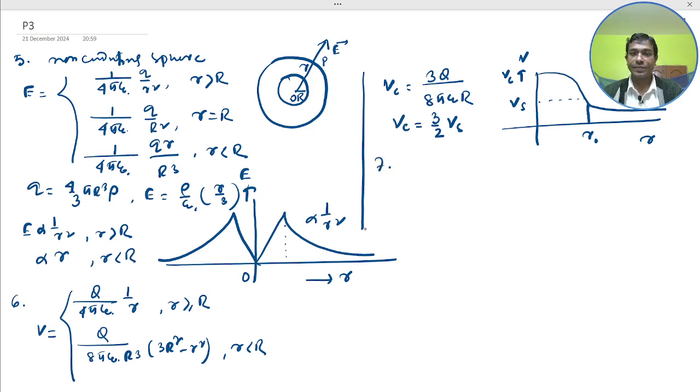So now, the second one is that the electric field and potential formulas for a solid metallic sphere are the same as given for the spherical shell. And one more thing: electric field due to a linear charge distribution. So for linear charge distribution, this is a cylinder.